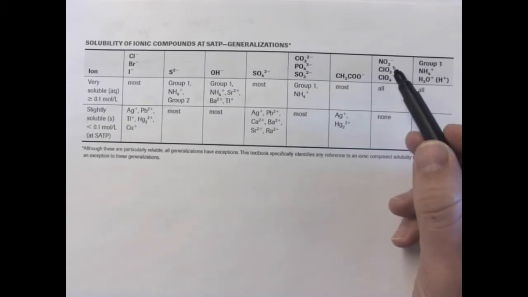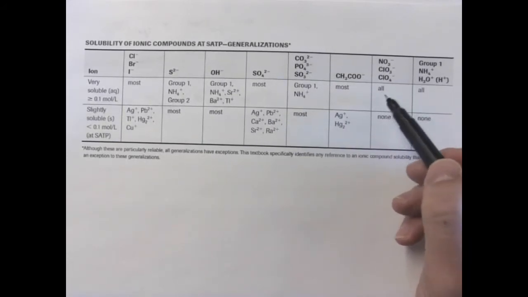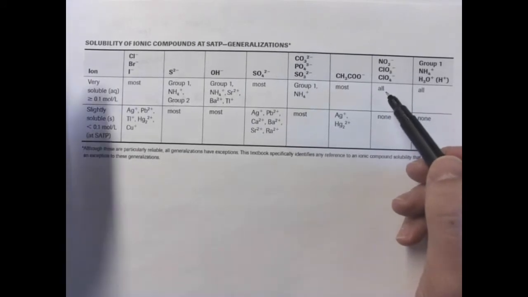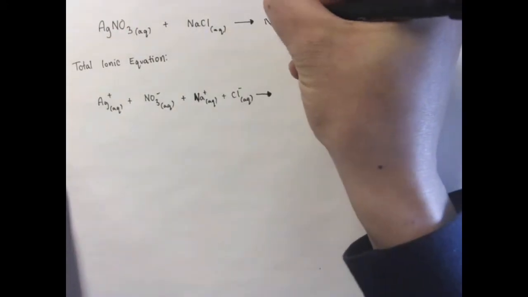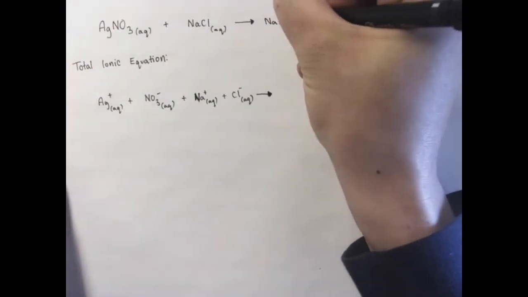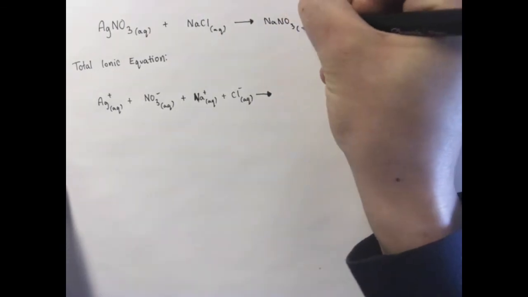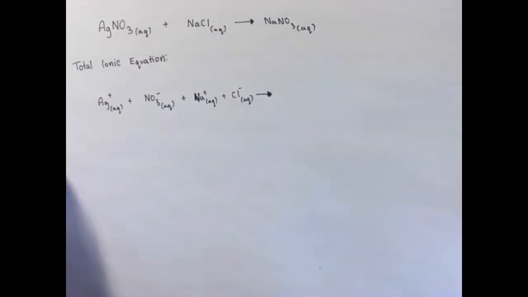So sodium compared with nitrate, okay, that goes in the all cell right here. So that means sodium nitrate is going to be soluble in water. So one of my products here is going to be sodium nitrate. It's soluble in water. Great. So I put an AQ behind it.